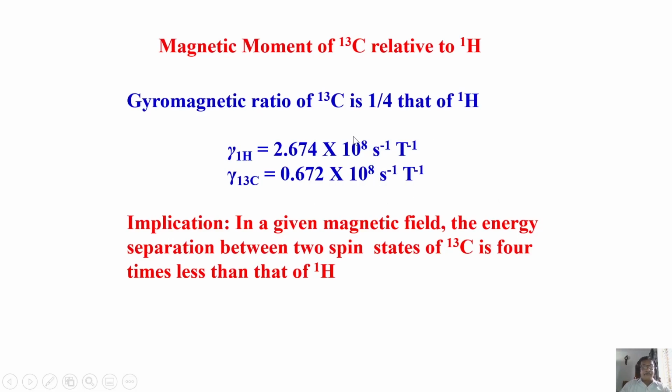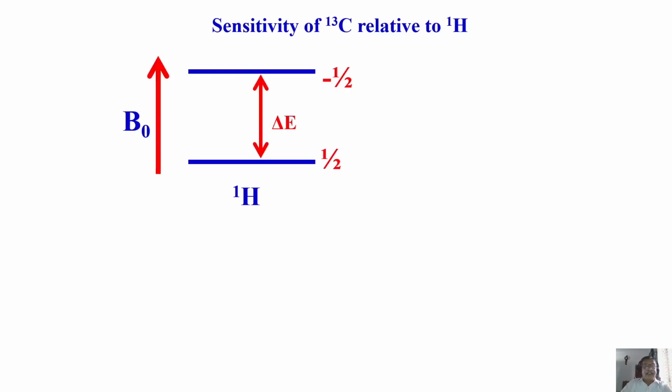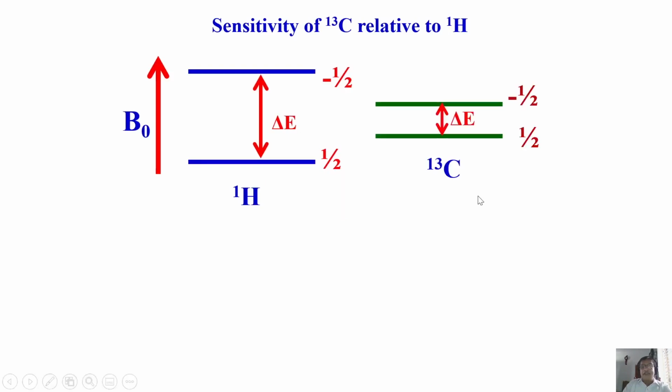What does it mean? Gamma being 4 times less means, as we discussed in the very first class in spin physics, that the energy separation of carbon is 4 times smaller than that of proton. Now this is the energy separation of carbon, and this is the energy separation of proton. This is 4 times less. Remember I said this is also a spin half nucleus.